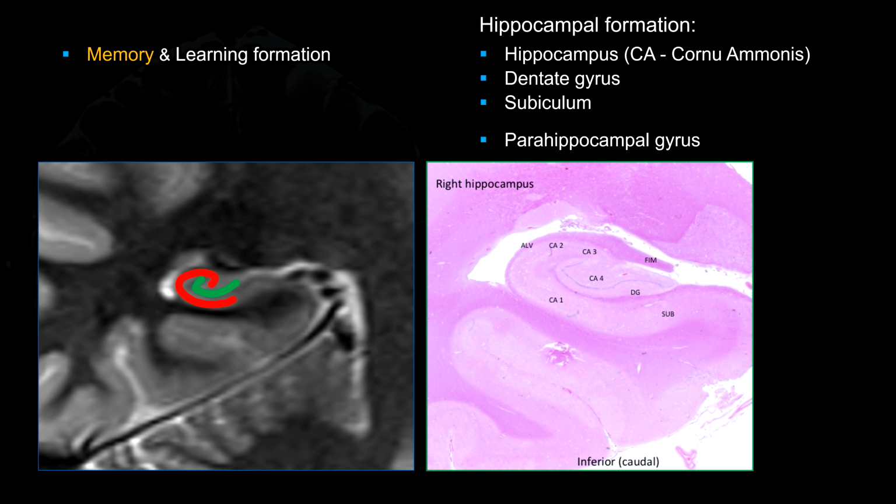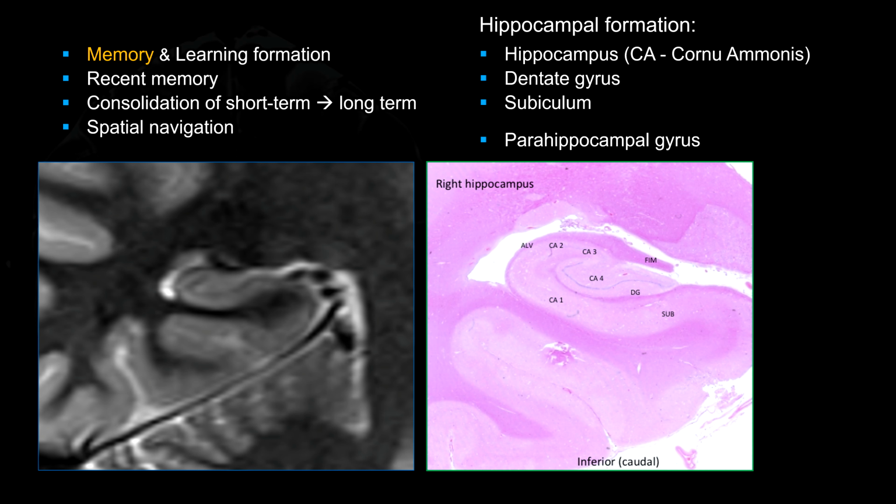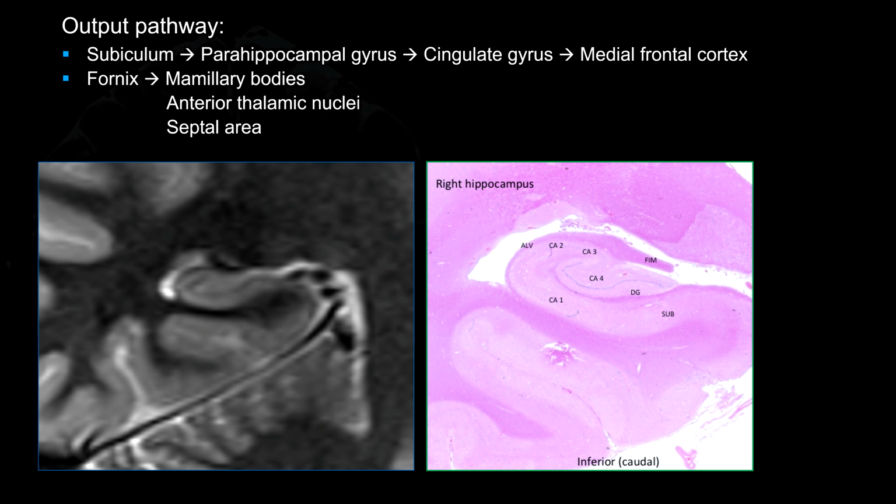The hippocampus is best known for memory and learning. It is involved in forming recent memory, and it also serves to consolidate short-term memory into long-term memory, and it's also important for spatial navigation. There are several pathways for output of information.